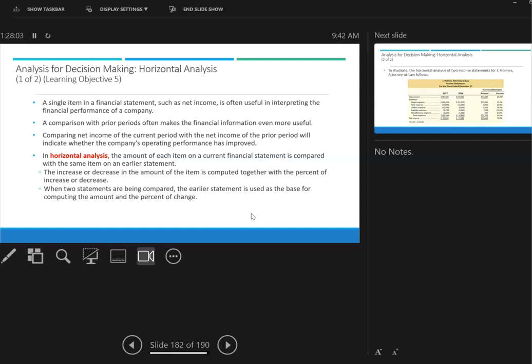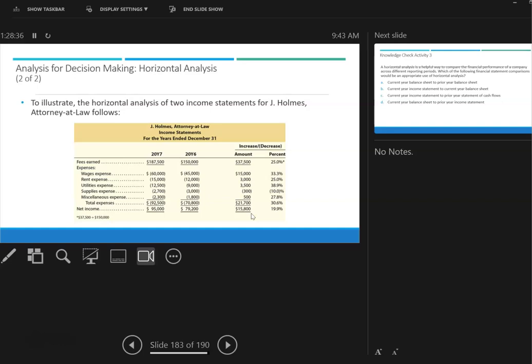It is basically looking at our net income from one period and comparing it to the various income statement items from a previous period. When two statements are being compared, the earlier statement is used as the base for computing the amount and percentage of change. So horizontal analysis is just comparing the amounts on a financial statement with those from an earlier statement.